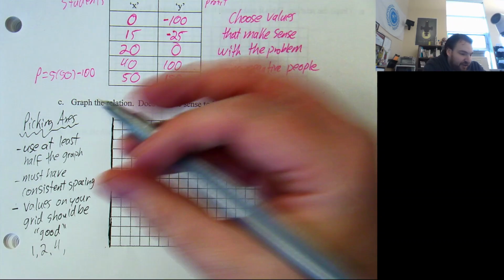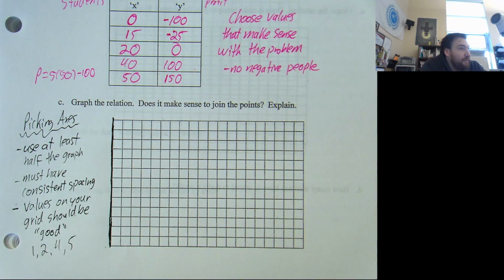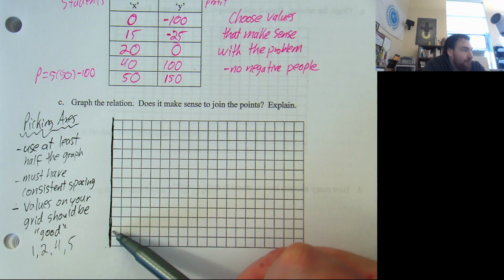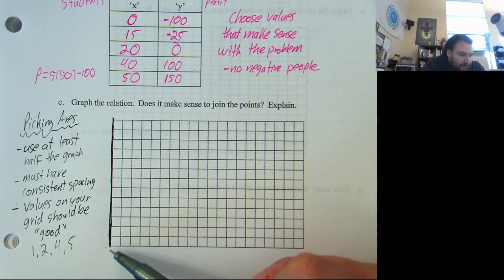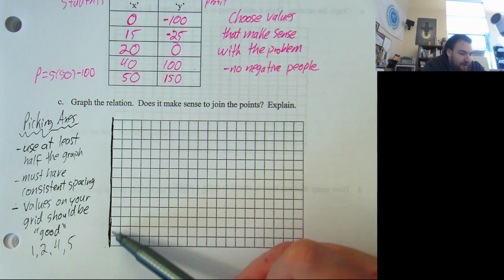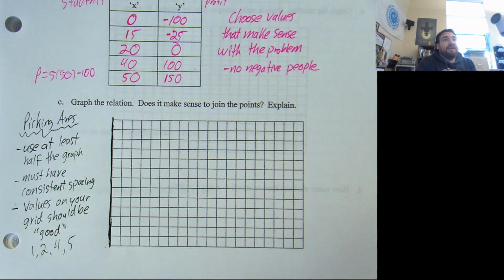Sometimes 5s are good. You want to avoid 3s. Sometimes good values mean things that are easily split. Like if I go up here by 1s, I know exactly where the halfway point is. If I go up by 2s, I know halfway between these two values is going to be 1. If I'm going up by 4s, I know halfway there is 2. Like things that are easy to estimate.